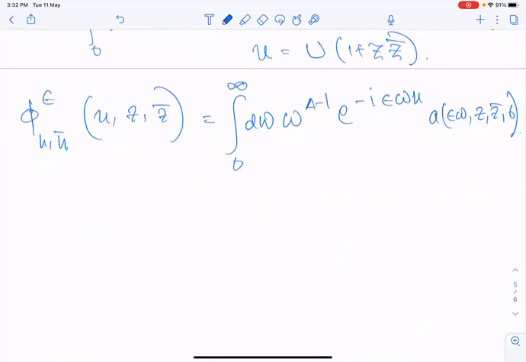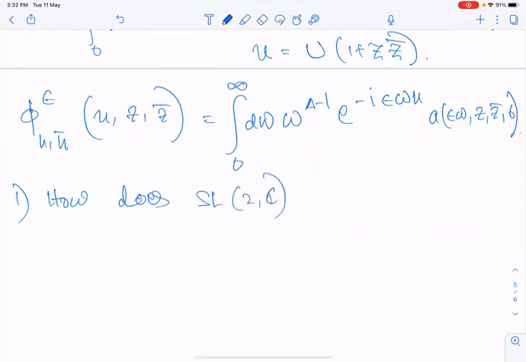The point is that you can easily check how SL2C acts on this.